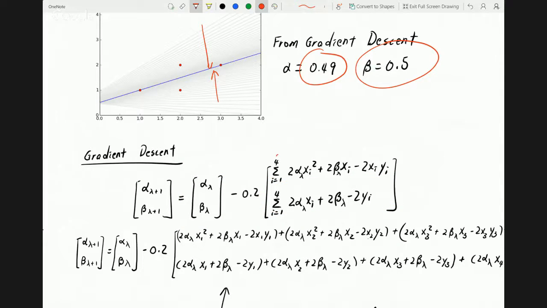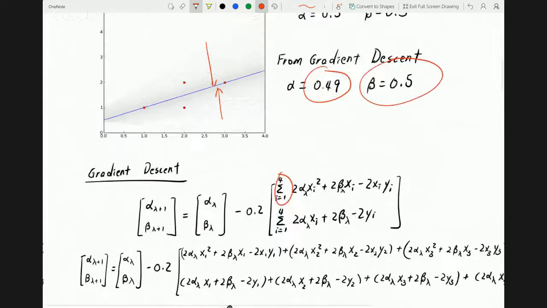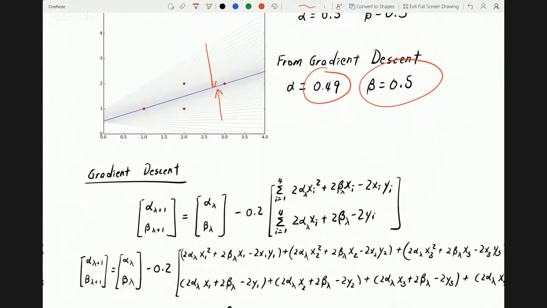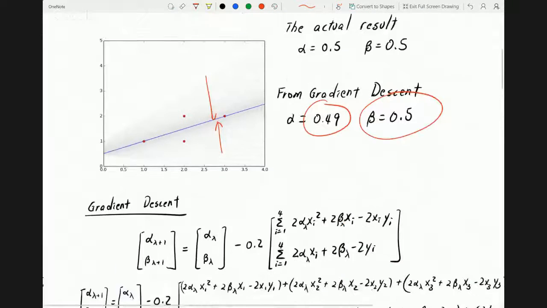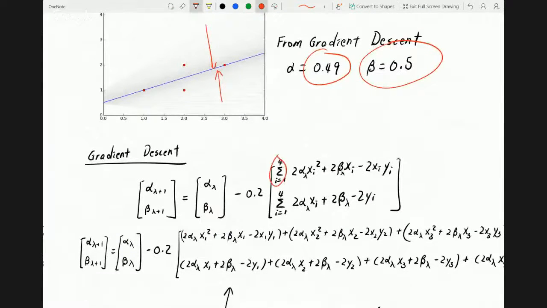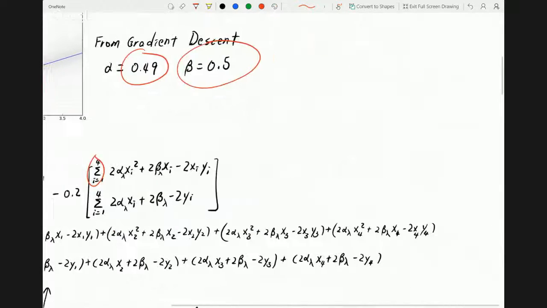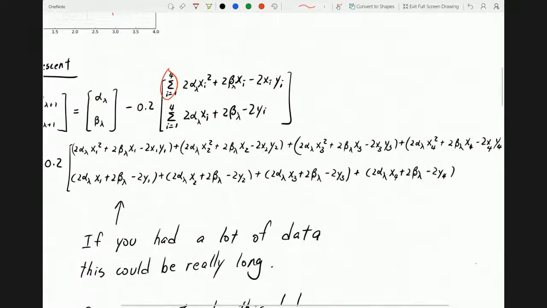This summation depends on the number of data. Here we have 4 data, x1 to x4, and therefore we only need to sum up 4 times. And even with 4 times, you can see that this gets really big.